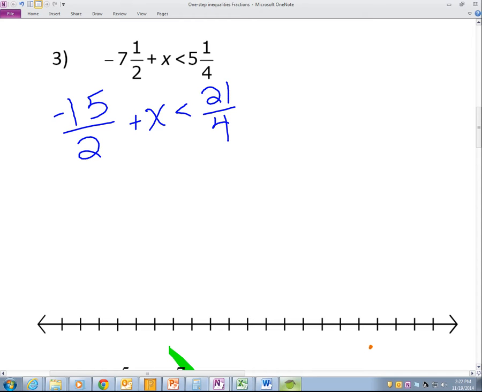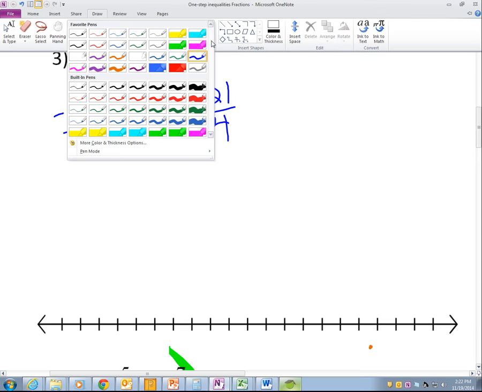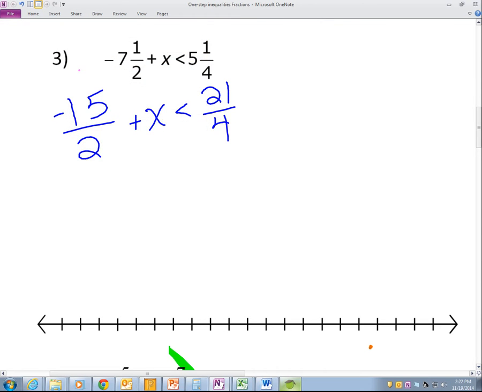So, in order to undo what's being done to x, what's being done to our variable, we have to do the inverse of what's here. What is the inverse or opposite of that? Charlie?